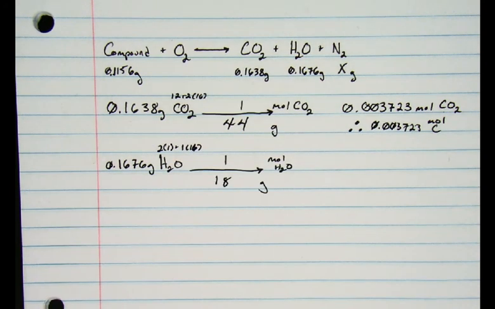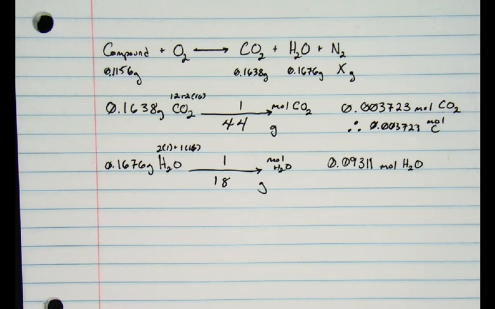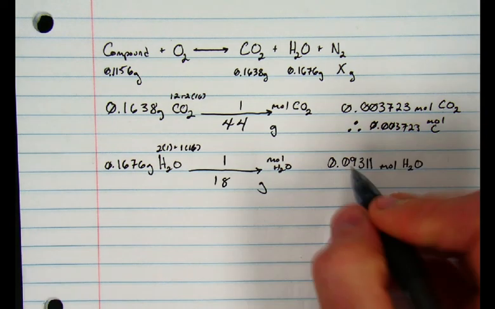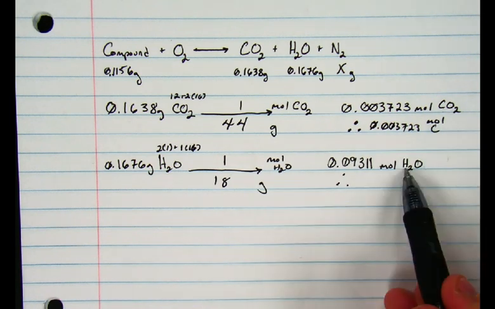Comes out to 18. When you divide this out, you end up with 0.09311 moles of water. Now we can't just go straight from that and say therefore we have 0.09311 moles of hydrogen, because we don't have just 1 hydrogen here, we have 2.